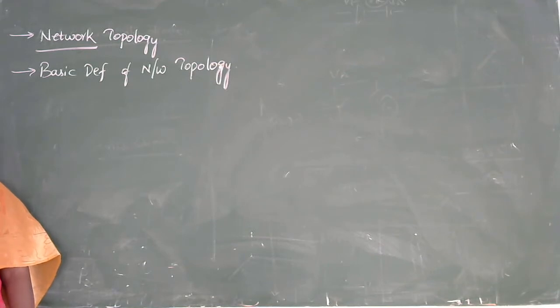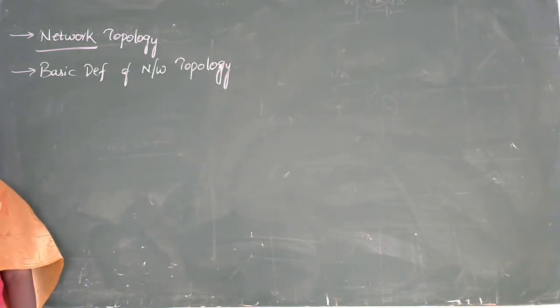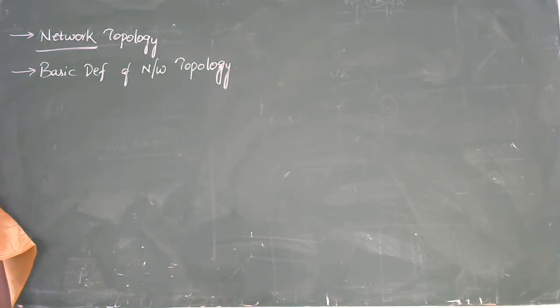But in the case of a network topology, we are least bothered about the physical element present in the network. We are replacing all the physical elements with other terminologies like node and branch.